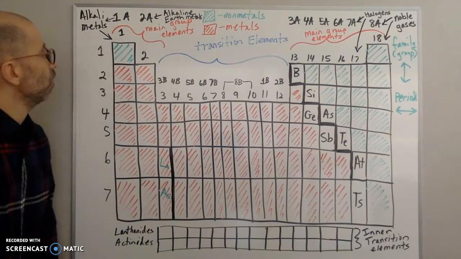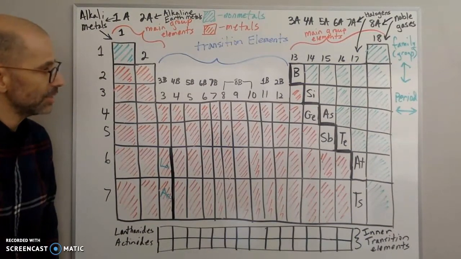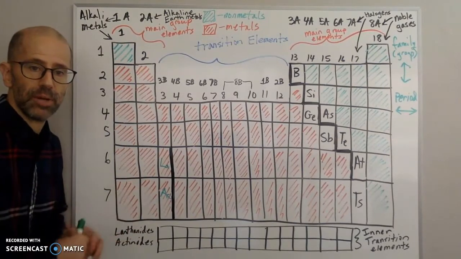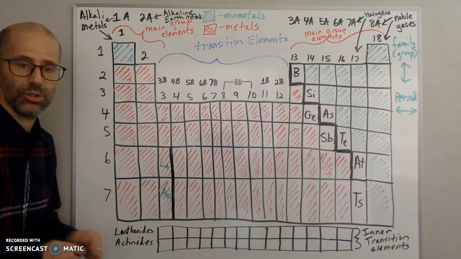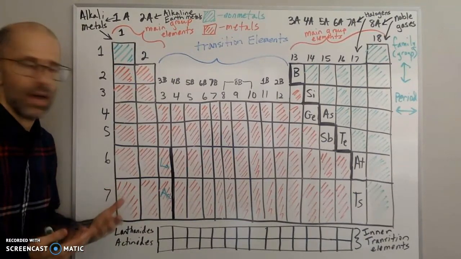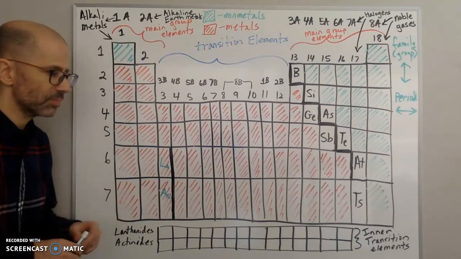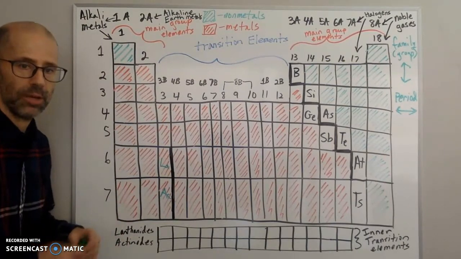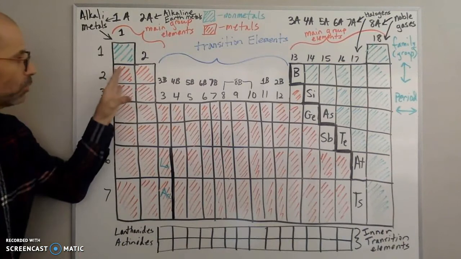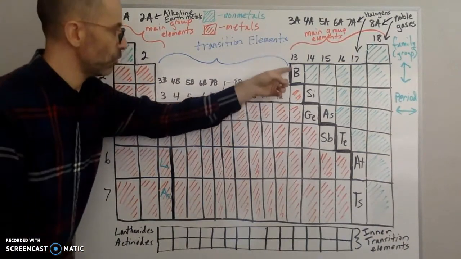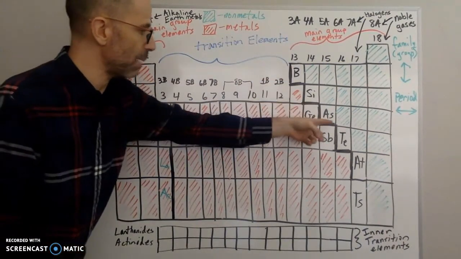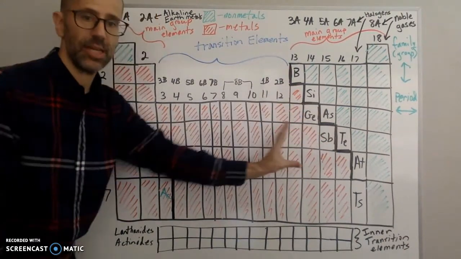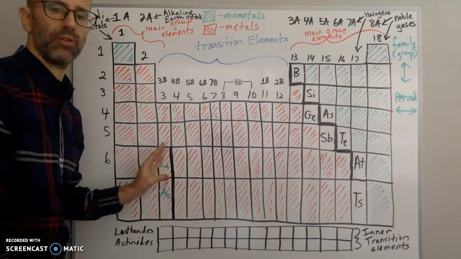Okay, so the last thing I want to talk about is the division in the periodic table according to not phase, but type of element. Is it a metal, non-metal, or metalloid? Most of the periodic table, if you see here, we have this stairway here that I blackened out. So this little stairway here separates the table into metals and non-metals.